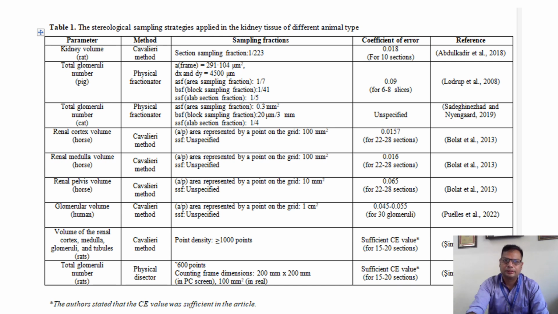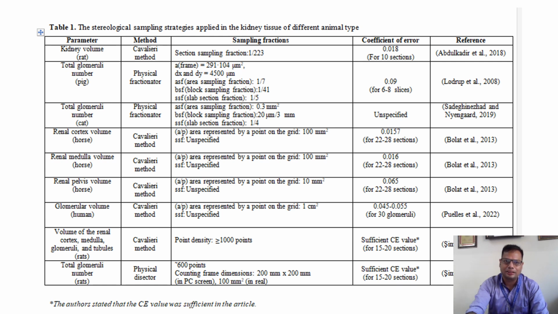The various stereological sampling strategies applied in the kidney tissues of the different animal types are tabulated in this table, where you can see that we got the different resources and the kidney parameters.